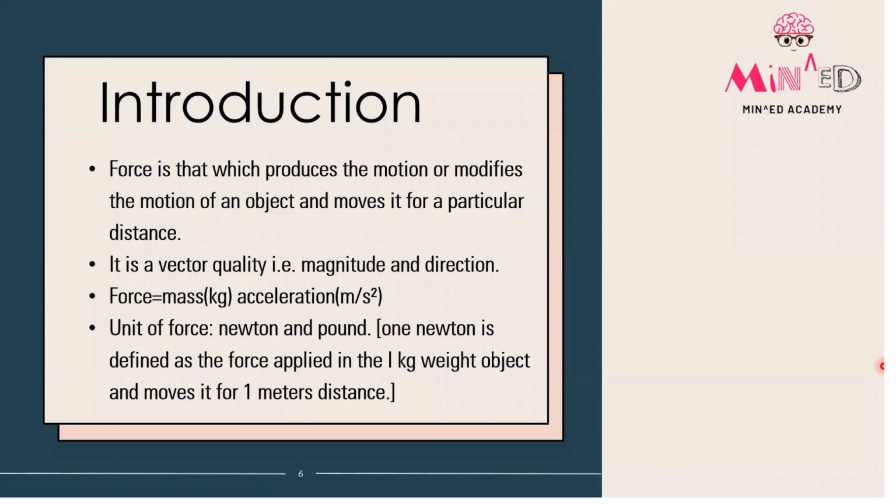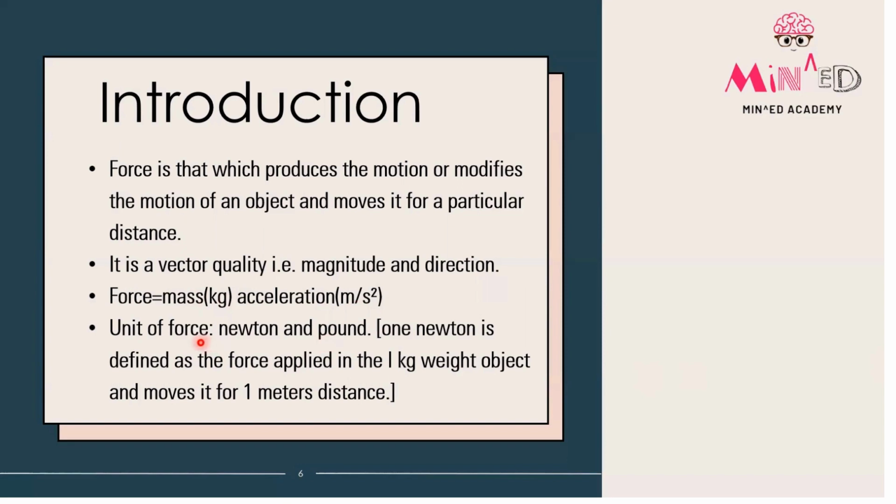So it is a vector quantity. It has magnitude and direction. There are two types of quantity, scalar and vector. Vector has both magnitude and direction, and scalar only has magnitude. Force is equal to mass into acceleration, so its SI unit is kg meter per second square.